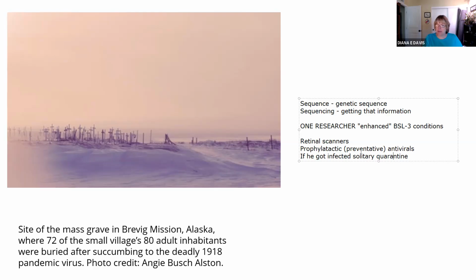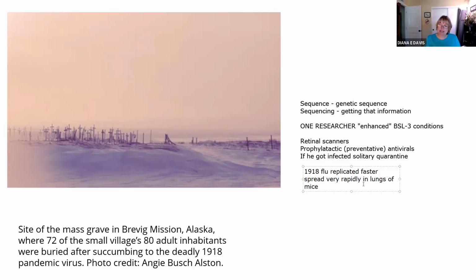What they found was the 1918 flu replicated faster than other strains. It produced more additional virus faster. It also spread rapidly in the lungs of the mice.